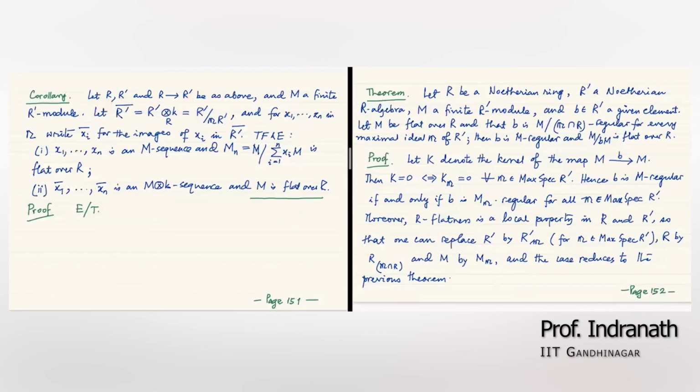So when you have localized R dash with respect to m, a maximal ideal of R dash, and then you have taken the contraction and localized R with respect to that, you safely changed M to M_m, because flatness and the zero condition are equivalent to the flatness or zero condition of the original module. So do you see that you have really local Noetherian rings and local homomorphisms?